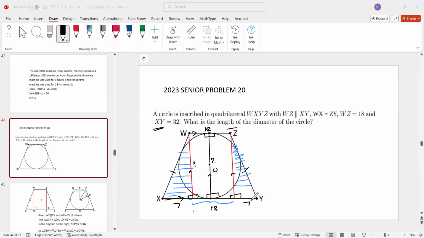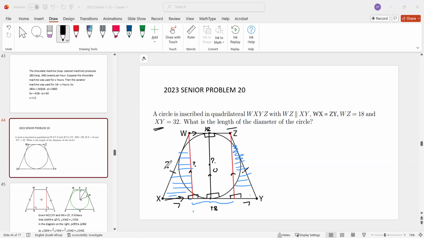Now, so this is where we are. Now, I don't know this length here. It's WX.